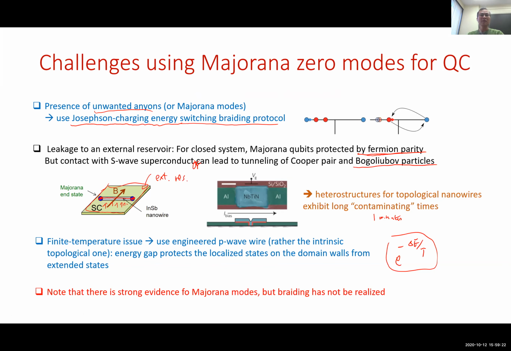But what I want to say is that even though the Majorana fermions are closer to topological quantum computing, there's still no evidence of braiding. There's some strong evidence of the existence of these modes, but there's no observation of braiding. Once you observe the braiding and verify that it really behaves as we expected for Ising anyons, this will be a really big step toward topological quantum computation.